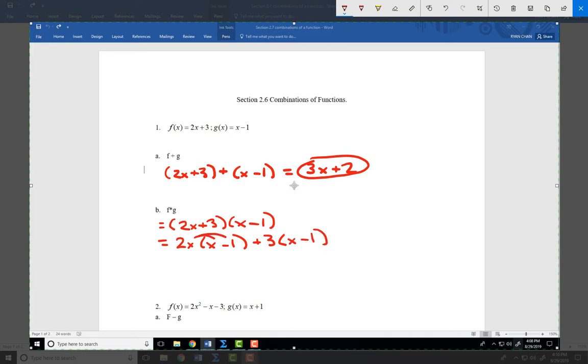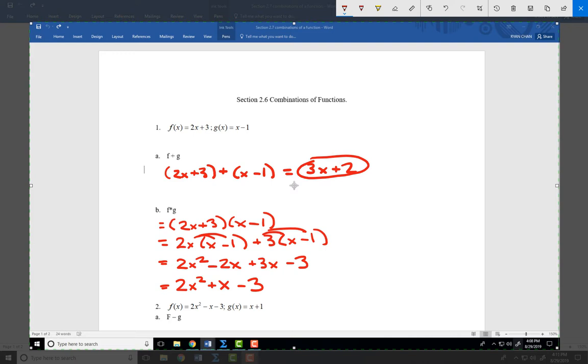I'll take my 2x and multiply across. So I have 2x squared minus 2x plus 3x minus 3. And then I'll combine like terms. So the negative 2x plus the 3x will be plus x minus 3. And that will be my final answer right here.